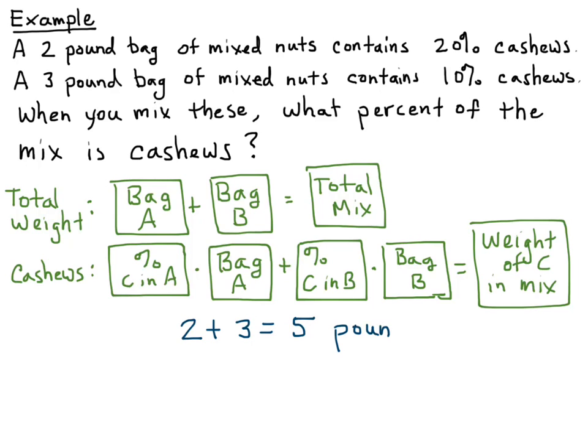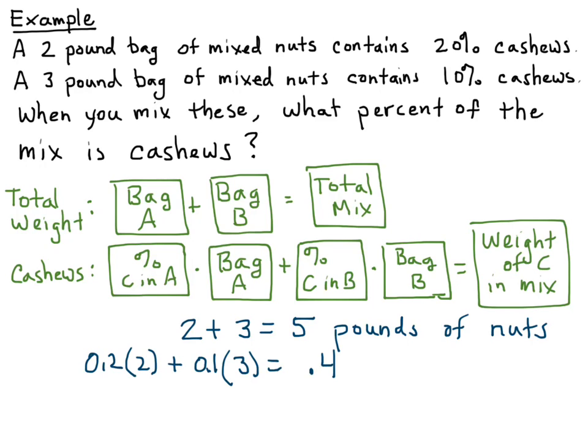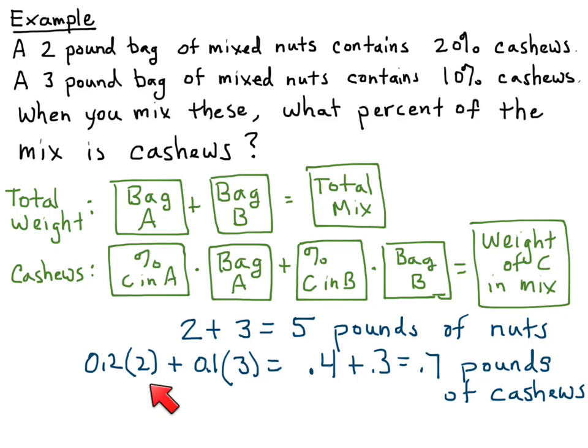So the first line is easy, 2 plus 3. I'm going to end up with 5 pounds of nuts. And then I'm going to take my equation, 20% of the first bag is cashews, so 20% times 2 will give me the amount of cashews from the first bag. And then we have 0.1 times 3, I know it looks kind of funny, so 10% of 3 will be 0.3.